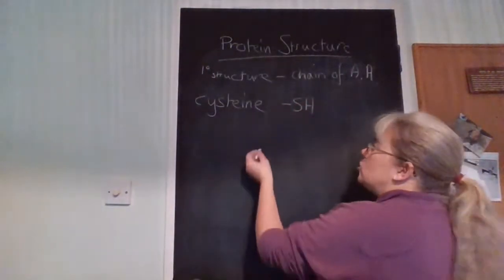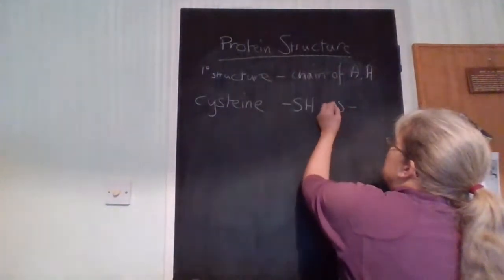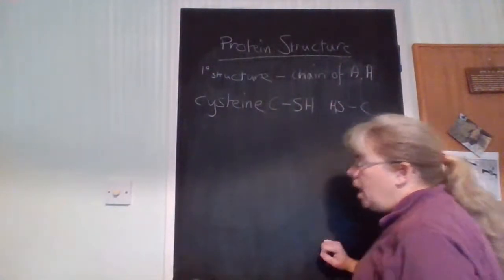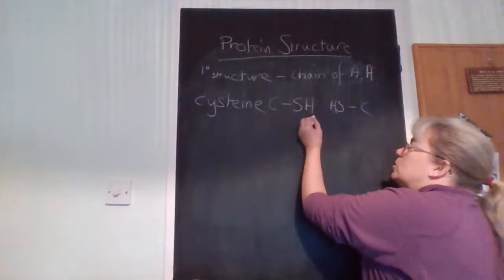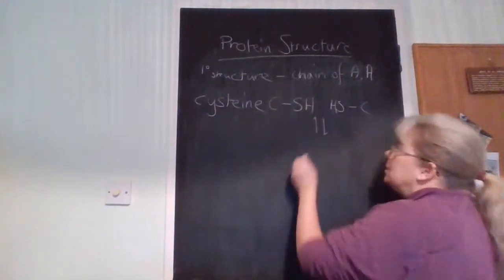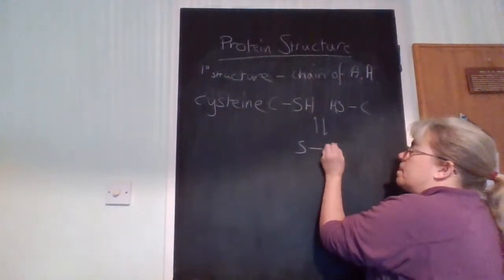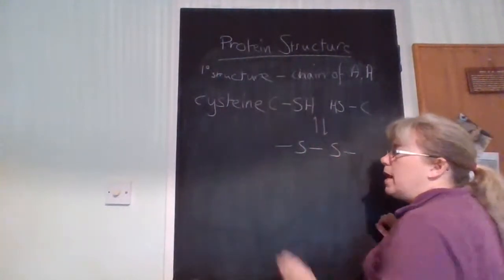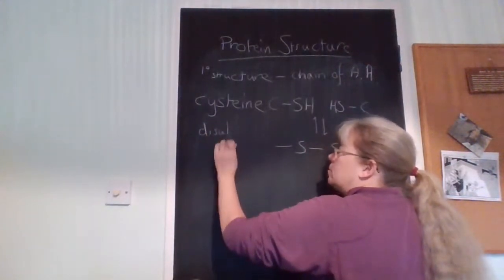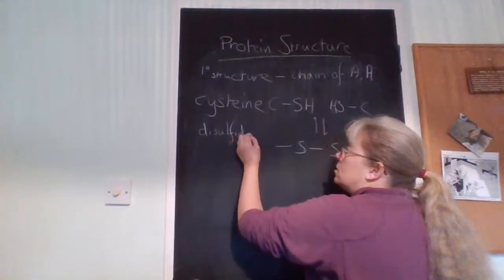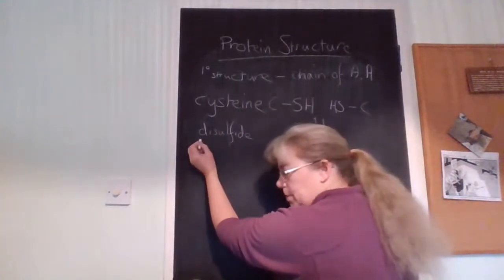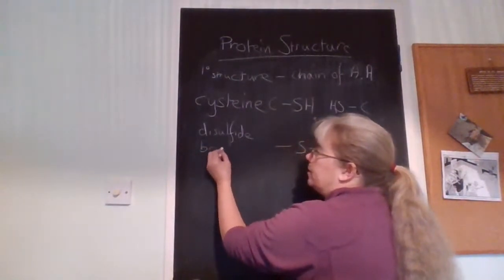So if you've got 2 SHs that come close together, normally attached to a carbon, that can be oxidized and reduced, let me get it round the right way, to form a sulfide bond, and that's called a disulfide. Spell it right, it's with an F these days, it's not with a PH. You will still find lots of us get spelling it wrong, and it's disulfide bridge.